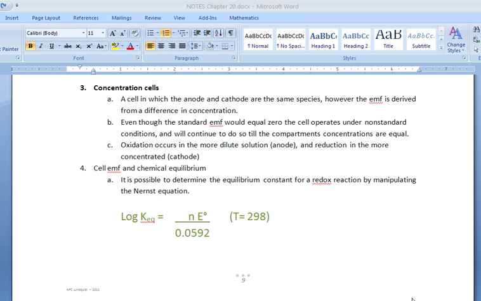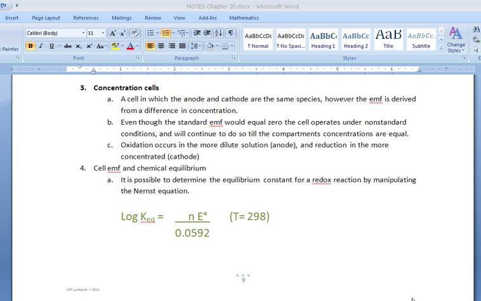Even though the standard cell potential would equal 0 because you'd have the same thing on both sides, it works under non-standard conditions and will continue to do so until the concentrations equal out. And no matter what, the oxidation, so the anode, is always wherever the most dilute solution is, and the cathode is wherever the more concentrated solution is. So that's where reduction is occurring.